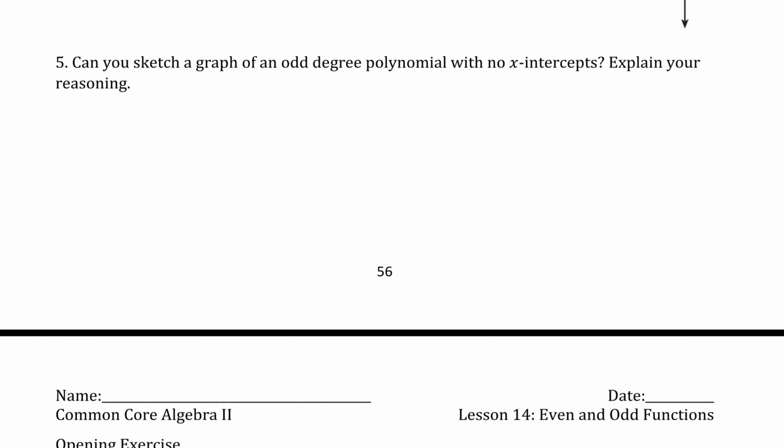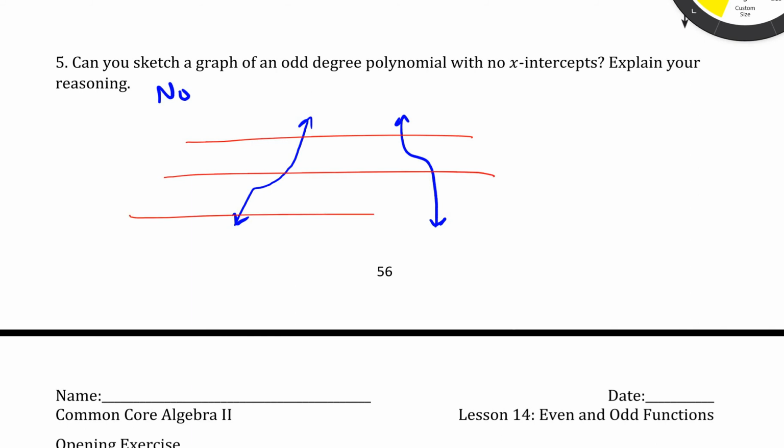Number 5: can you sketch a graph of an odd function that has no x-intercept? The answer to that is no. Now let's see why. If I have an odd degree polynomial, it looks like this or like this. No matter where I put the x-axis, it's going to intersect at least once. Those graphs are going to keep going up and keep going down.